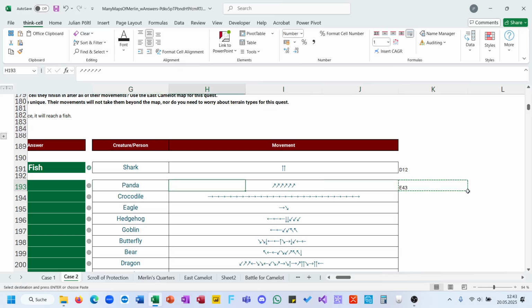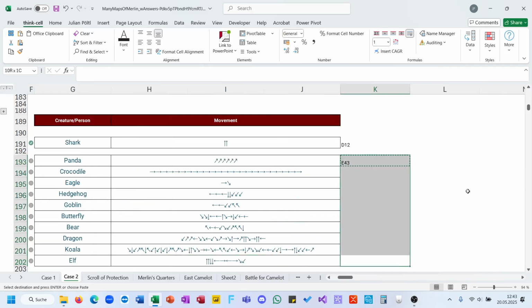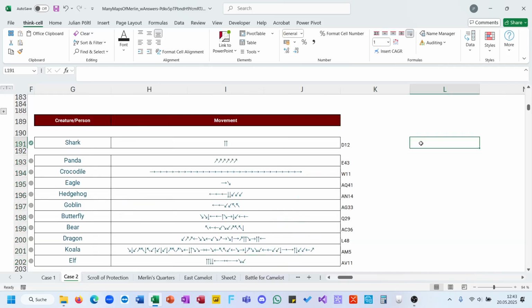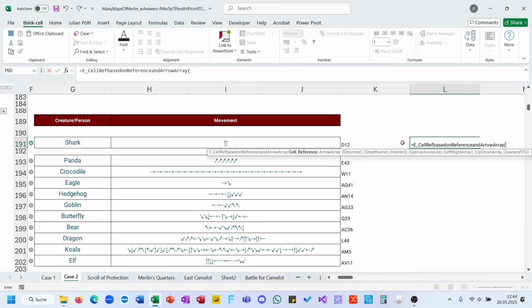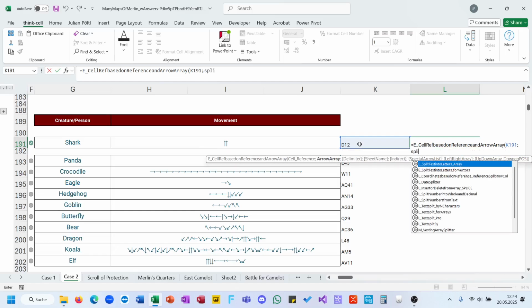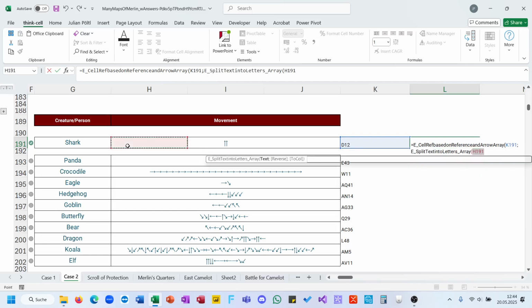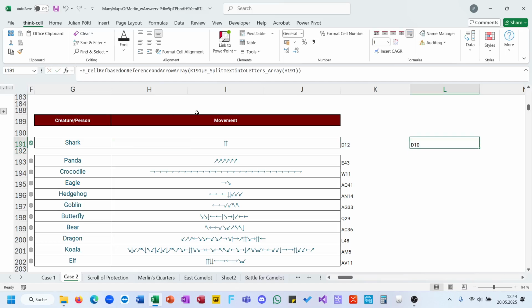No. And this is then cell ref based on the reference and array cell reference, and split text into letters. I think errors are only 1 long, so this should be right.